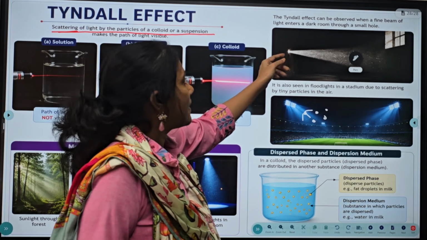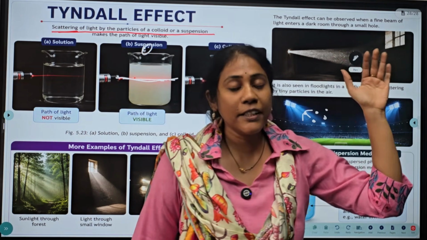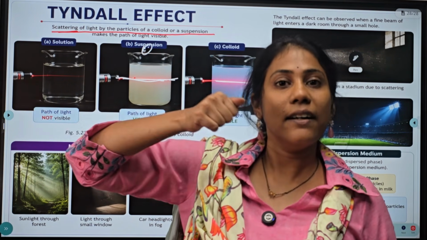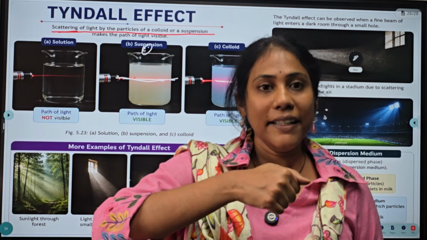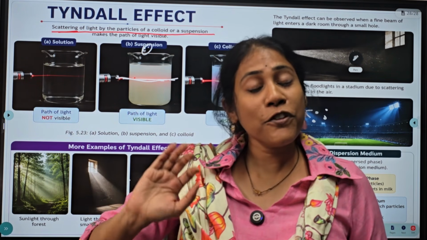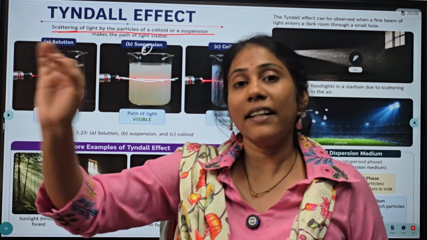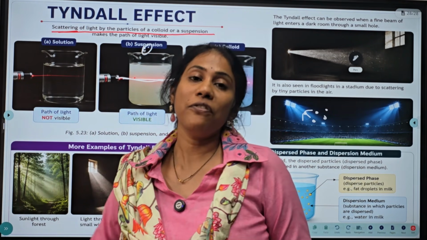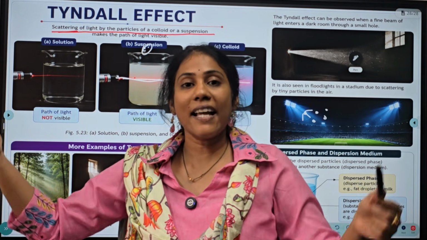Even at your houses you must have seen, the moment you open the windows you can see the path of the sun rays, right? But you can see that path only when you are perpendicular to the direction of light. Why is the scattering happening?